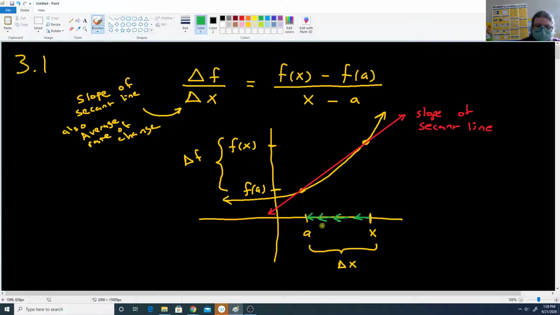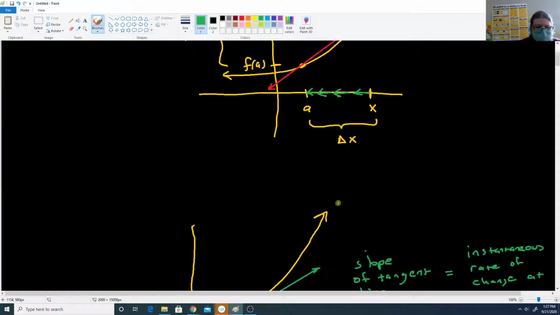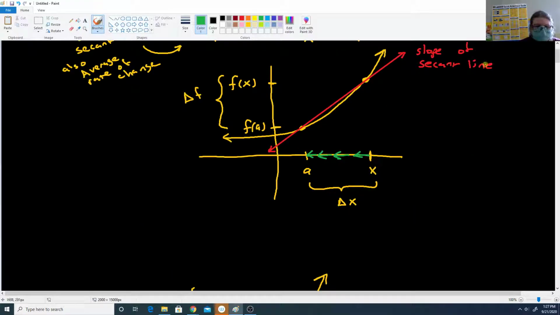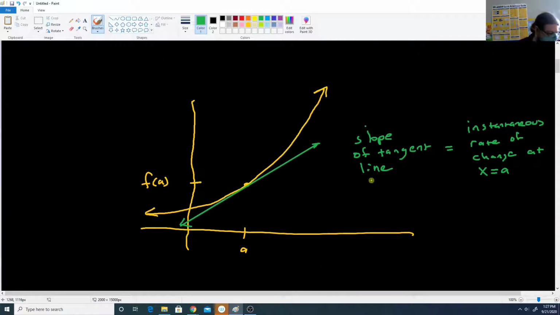So we're looking at the limit as x approaches a. The limit of these secant lines as x approaches a is the slope of the tangent line.